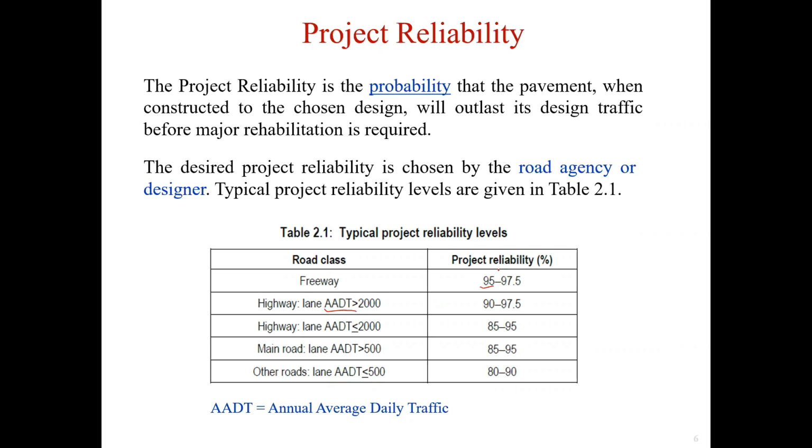You can take a little more risk for a lightly trafficked road compared with a heavily trafficked road, where the consequences of early distress result in significant road user cost to rehabilitate the pavement. We can see that the larger the AADT, the higher the project reliability from this Table 2.1.